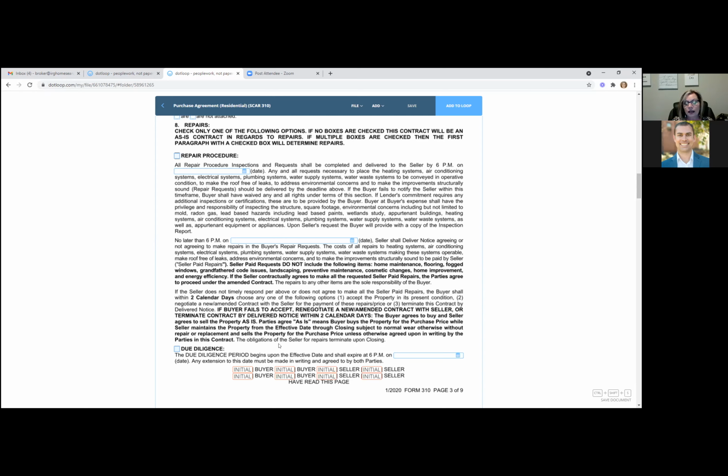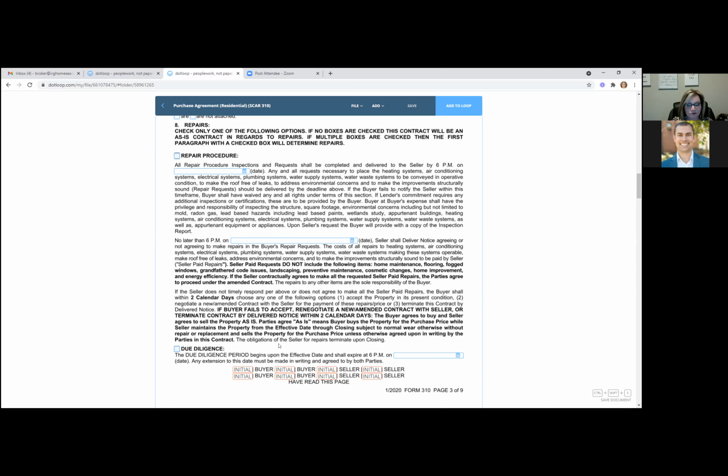So if your buyers come back after closing and say, you know what, I don't like the way they repaired this, or they forgot to repair that, I'm sorry, Mr. Buyer, but the obligations of the seller for repairs terminate at closing. It is the buyer's responsibility to either have it re-inspected or to inspect each of those items on a walkthrough prior to closing.